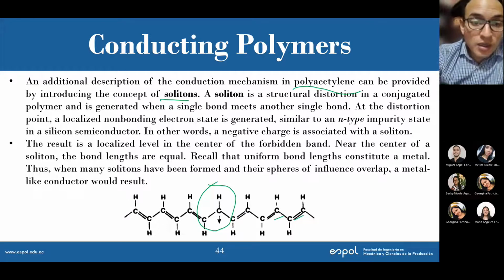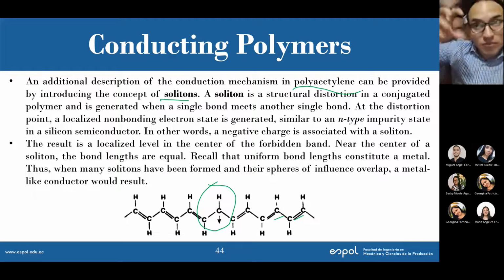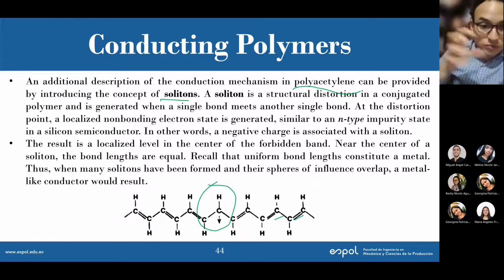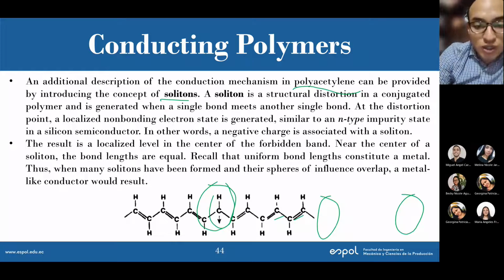Okay. And now, once you start forming a bunch of solitons, because once you form one, the polymer really likes that, and will start forming another one there, another one there. And obviously it does have a sphere of influence, right? Because the effect is not just localized, it sort of affects the surrounding of the polymer.